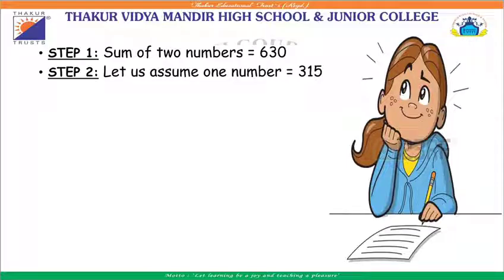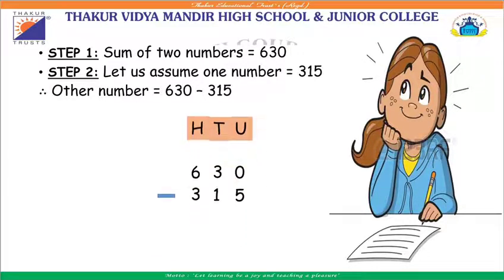Understood? Now, here I have chosen the number 315. Now, to find the other number, I will subtract 630 minus 315. Doing the subtraction, arranging first vertically, then starting from the units place, 5 minus 0.